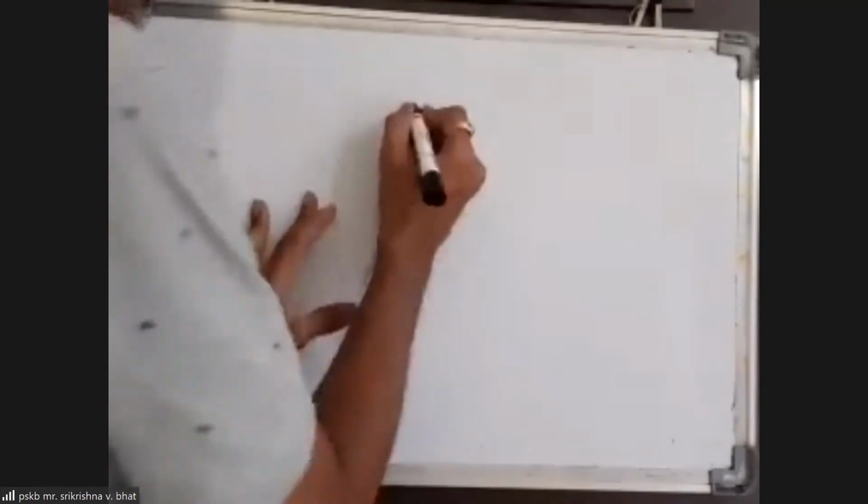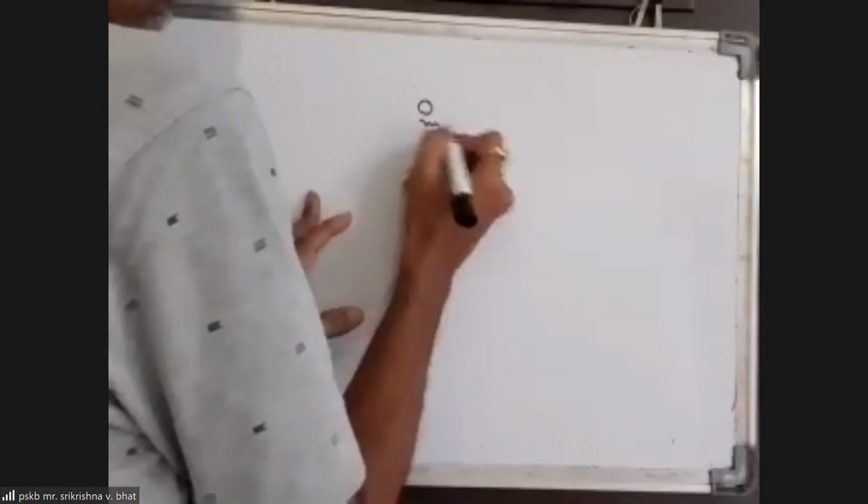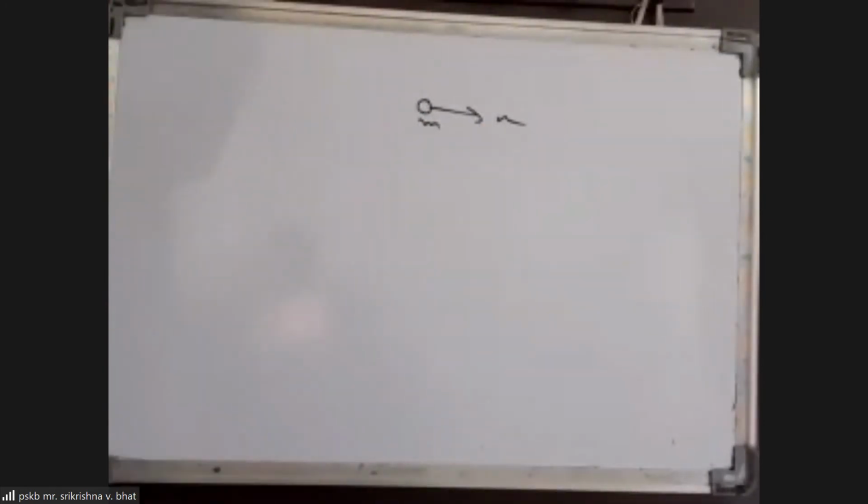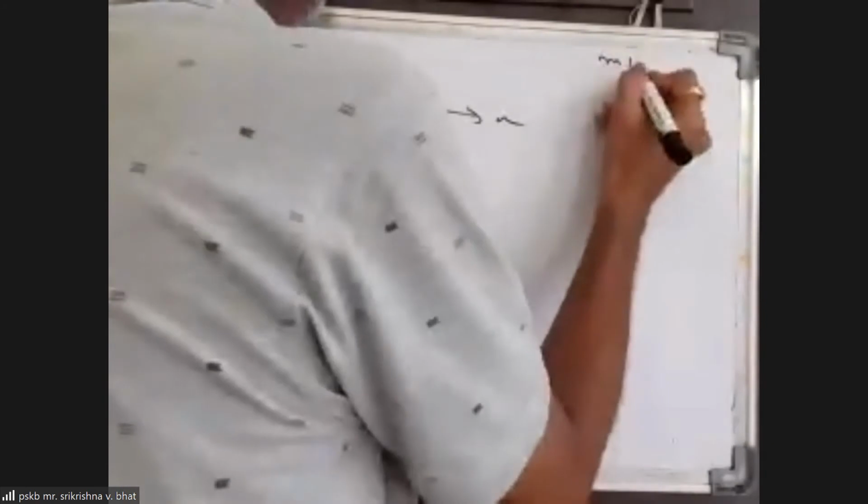Okay, so the question which is given: there is a shell of mass m, which is moving with the velocity u. It suddenly explodes into two fragments, each having mass m by 2.